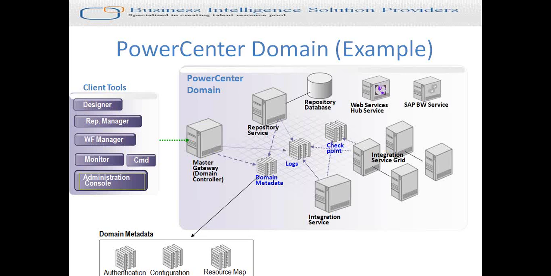Okay. Now web services, hub service, and the SAP BW are not mandatory, but you need them if you have any source systems related to web services. Now when we say web services, what does it mean? It means using Informatica, you can directly read the data from the web-based tables.